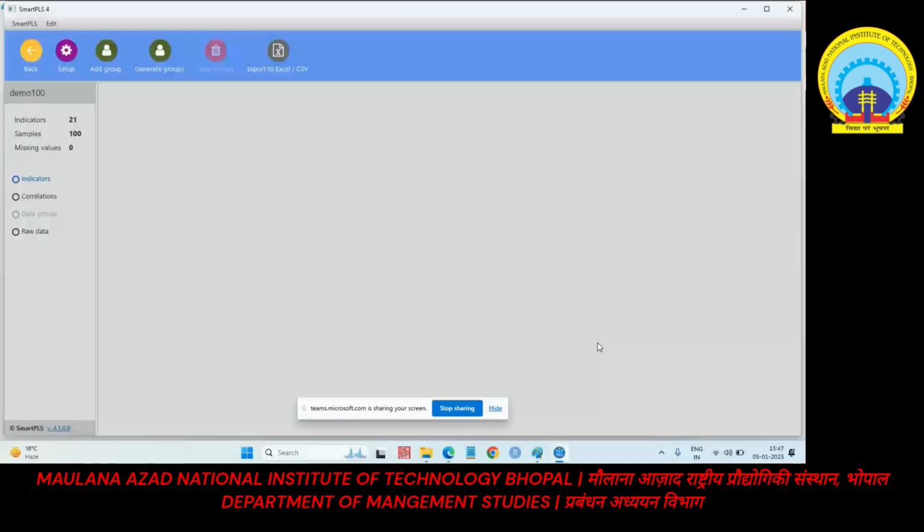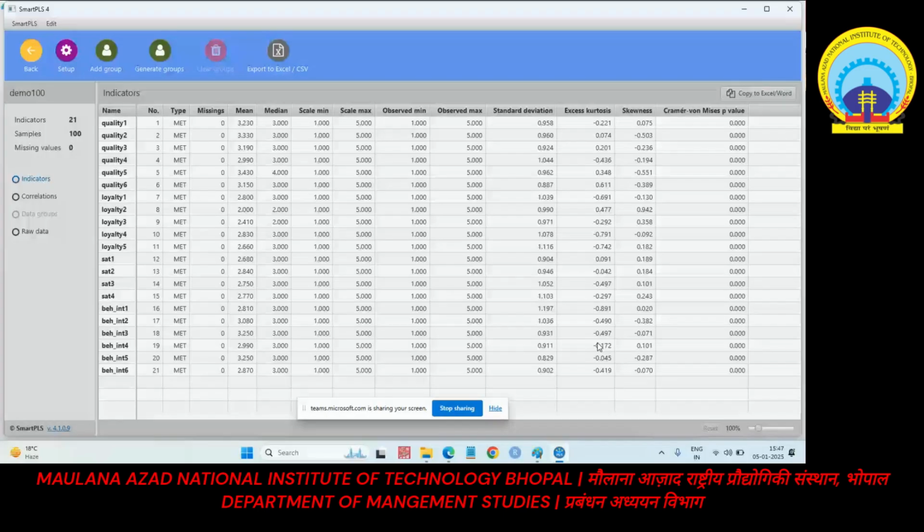The first thing it will do, it will compute minimum, maximum, mean, median, standard deviation, kurtosis, and the last column is the Kolmogorov-Smirnov p value. Now this is a test for checking normality. So by default it will check the normality. Whether you ask it or not, SmartPLS will definitely check the normality.